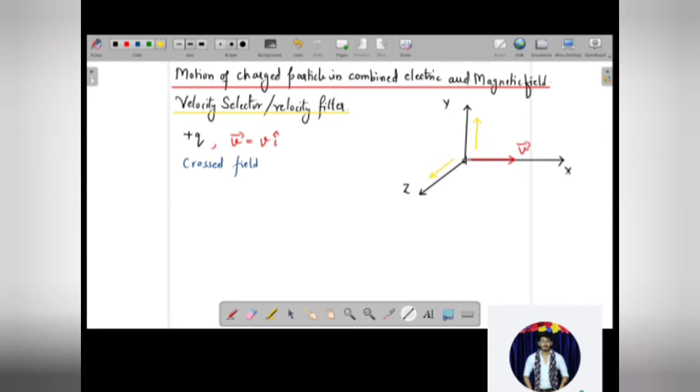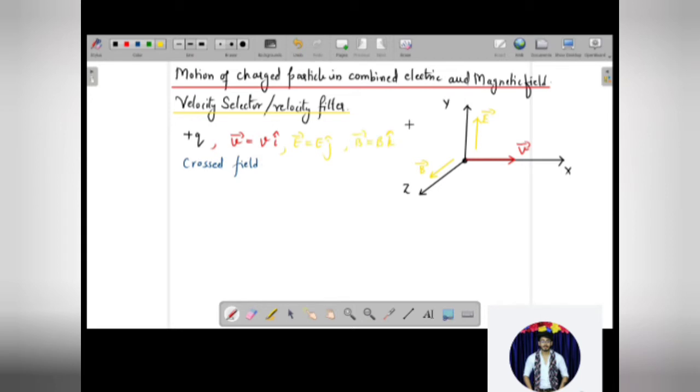Since I've taken the velocity direction along the x-axis and the electric field along the y-axis, I'll take the magnetic field along the z-axis. So this is my electric field vector and this is my magnetic field vector. Since crossed fields are applied over here, I can write that the electric field is E times j cap and the magnetic field is B times k cap.